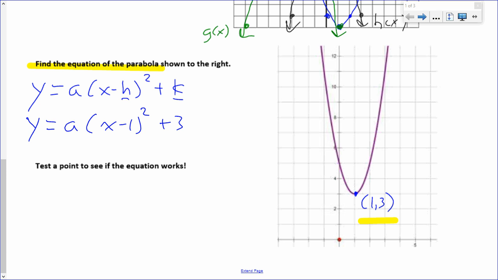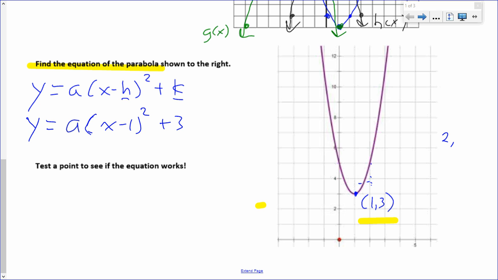Okay, that's still not quite complete though, because I need to find the a value as well. Sorry about that, I didn't mean to stroke that out. So how do I find that a value? Well, if I look at this, I can see that it opens up. I can also tell what the step pattern is. If I go over 1, it looks like I go up 2.